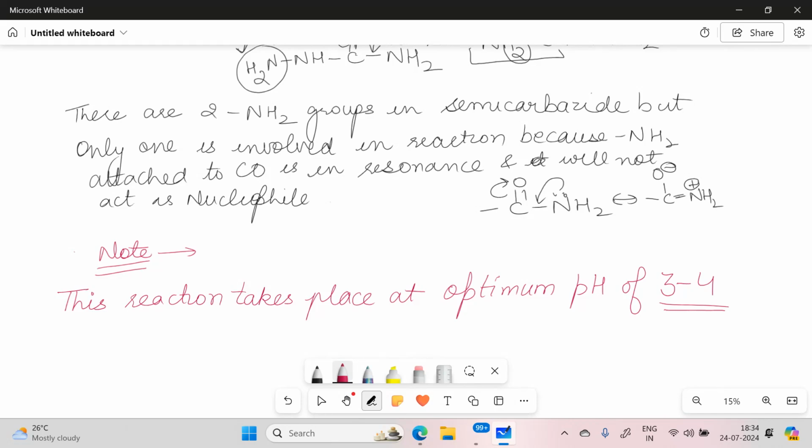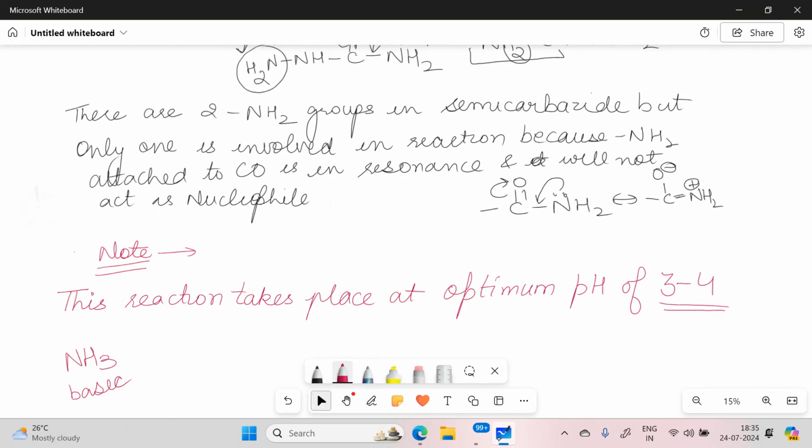Because if the medium is highly acidic, you know that ammonia and its derivatives are basic in nature. So this will form a salt with the acid and it will not act as a nucleophile for the reaction. And if the pH is basic, then it will not protonate the aldehydic oxygen, and it will not speed up the reaction.